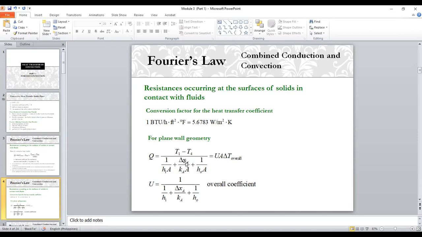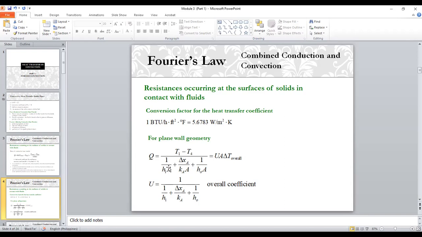So in our formula, you can see that we have H here and H here. Meaning in this case, we have resistance on one side of, let's say, the wall, and another resistance on the outer side of the wall.